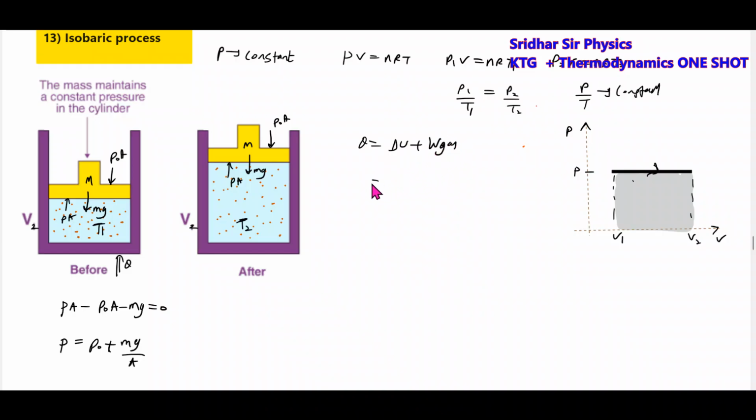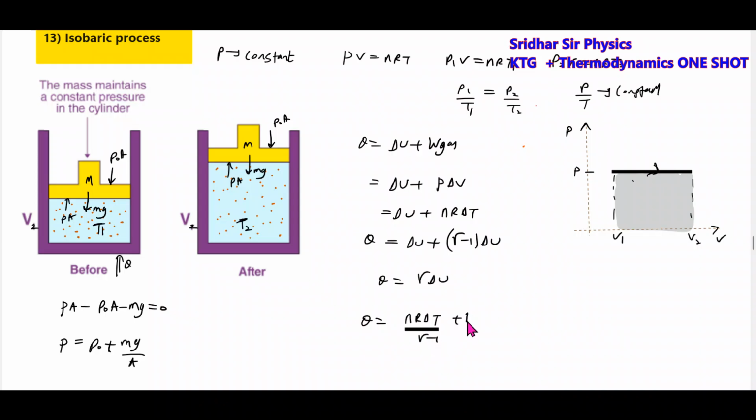what is work done by the gas? Work done by the gas should be equal to P into delta V. P into delta V will be nR delta T. And further, nR delta T we can write as gamma minus 1 delta U. Q equal to gamma delta U. There is one formula. Similarly, delta U I can replace as nR delta T by gamma minus 1.